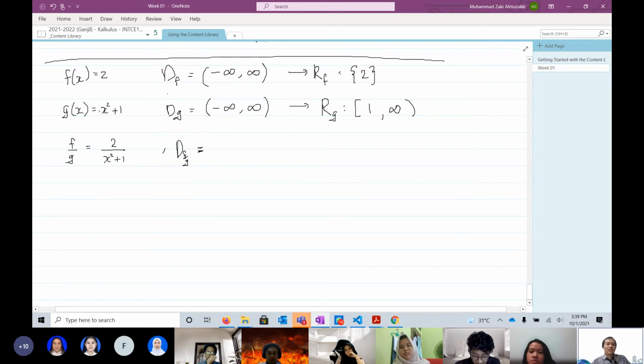And since g cannot be 0 at any time, for any x the value of g cannot be 0, the domain of f over g is still the same, negative infinity up to infinity. But the range of f over g is something different.